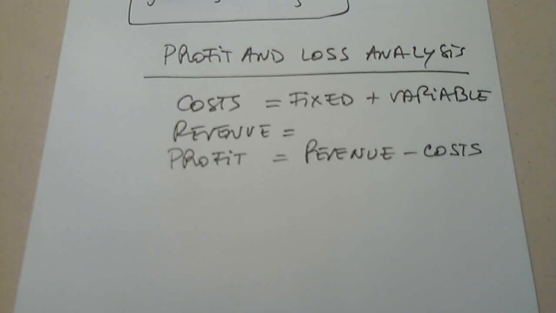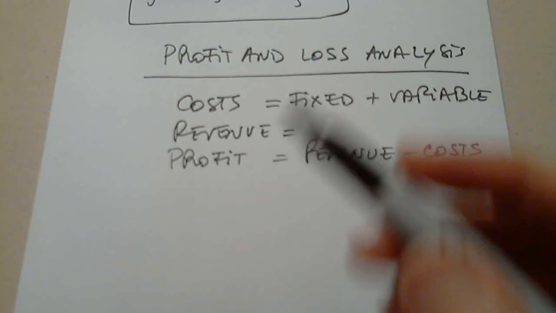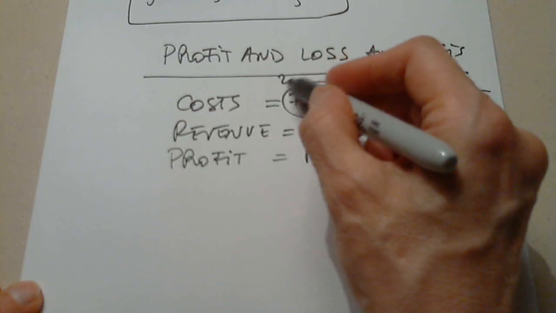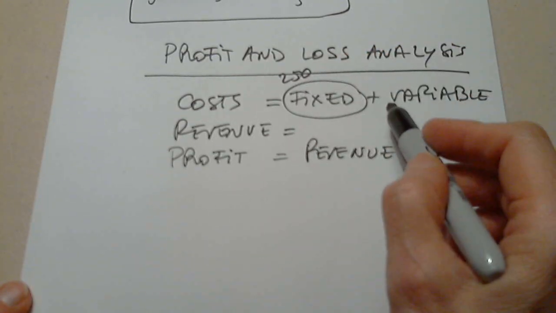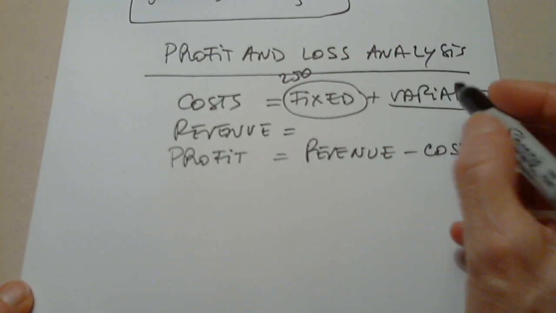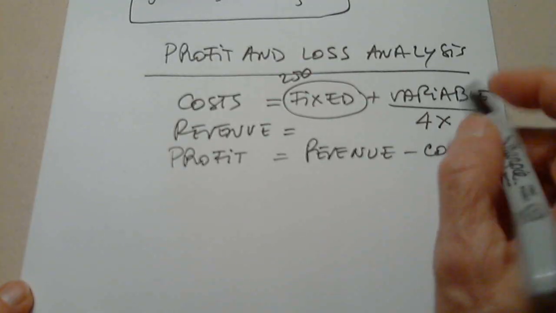This does not depend on the number of units he manufactures, so to speak. Electricity and maintenance costs are $4 per lawn. $4 depend on the number of lawns he's going to address. But the $250 is fixed. So this is his $250. This is the variable, 4 per lawn, 4x.